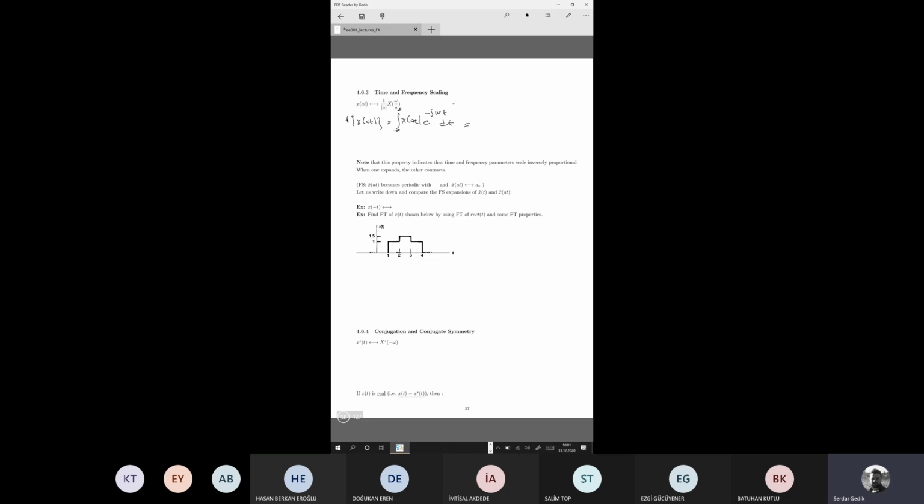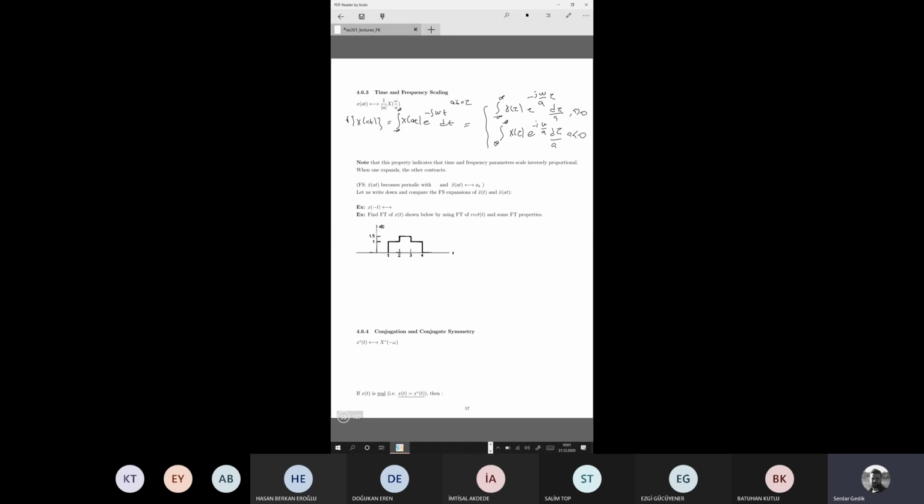So this is equal, if you have at equals tau as a change of variables, to the integral from minus infinity to plus infinity of x of tau e to the power minus j (omega over a) tau, d tau over a, if a is a positive number. Otherwise, the integration changes limits, and we have x of tau e to the power minus j (omega over a) tau, d tau over a, if a is a negative number.